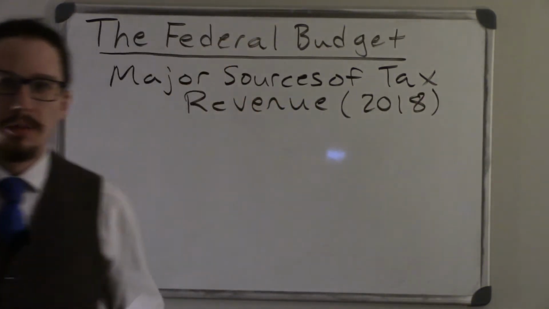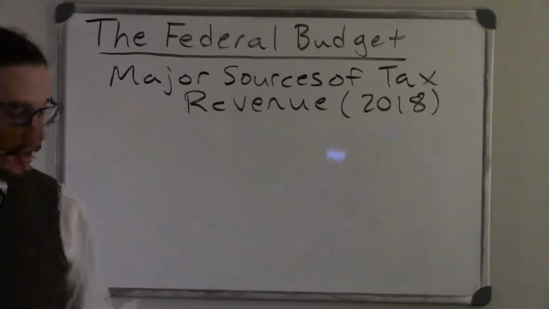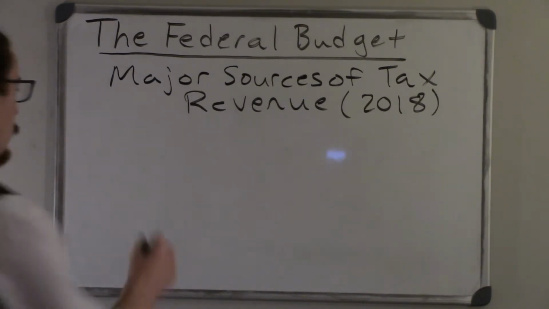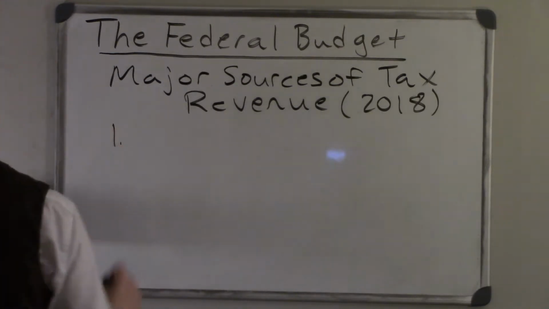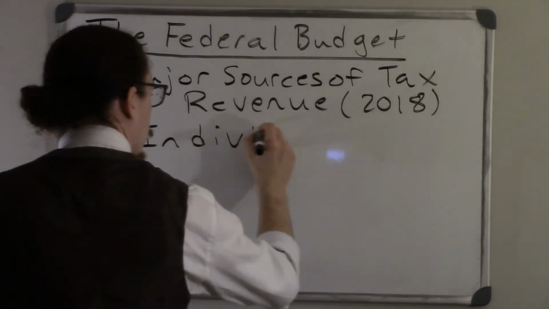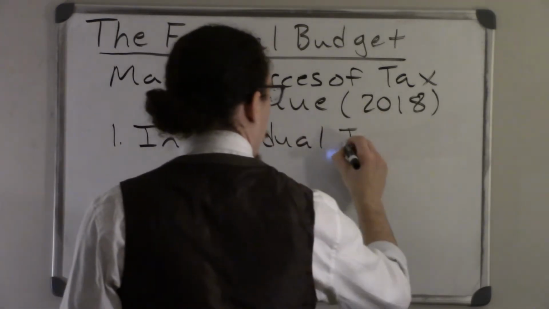All right, and I'm going to put up some percentages for these different sources of tax revenue. These percentages are from 2008. The first major source is the individual income tax.